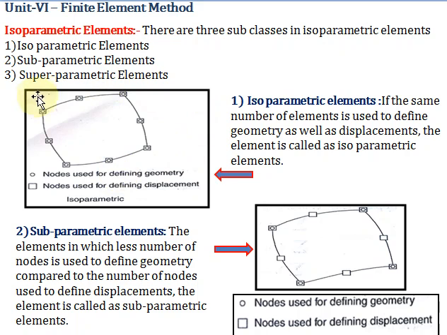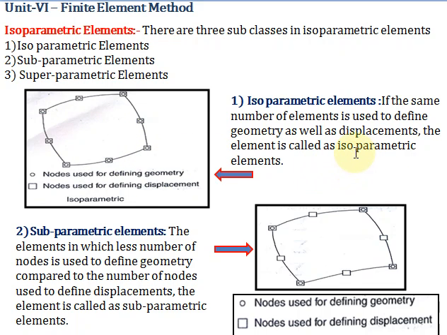Okay, so if you see in the figure, here the circle nodes are used for defining the geometry and the rectangle nodes are used for defining the displacement. Okay, so in this figure if you see, the number of nodes used to define the geometry as well as the number of nodes used to define the displacement are equal, or same.